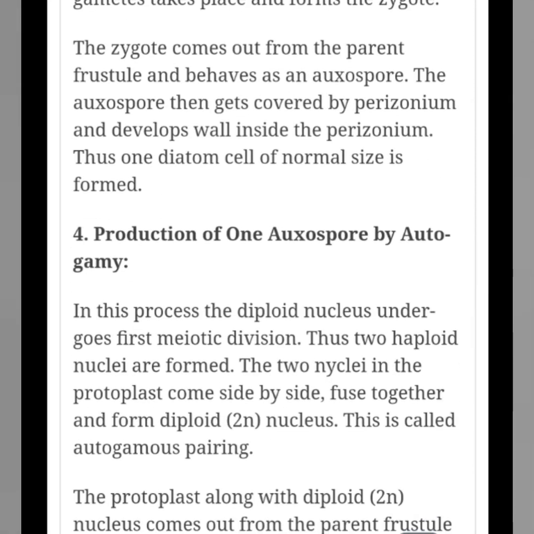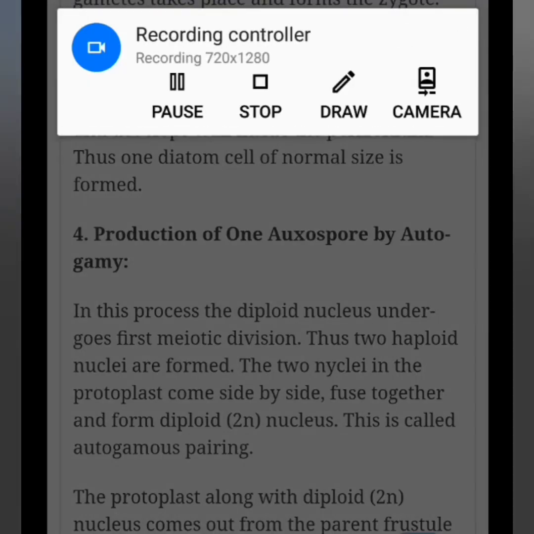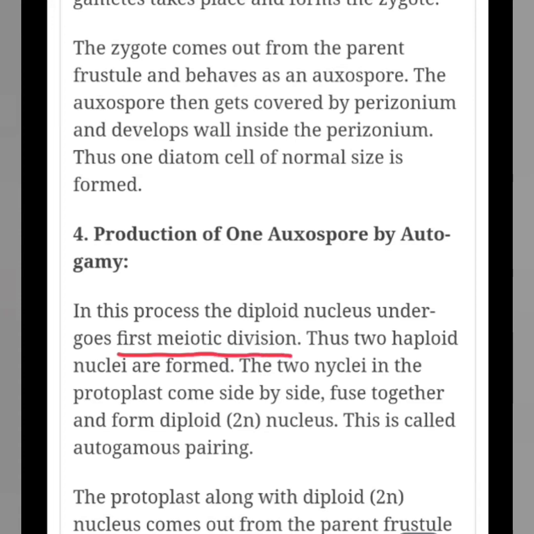And the fourth one, we have production of one auxospore by autogamy. In this process, the diploid nucleus undergoes the first meiotic division. When it does, 2 haploid nuclei are formed.